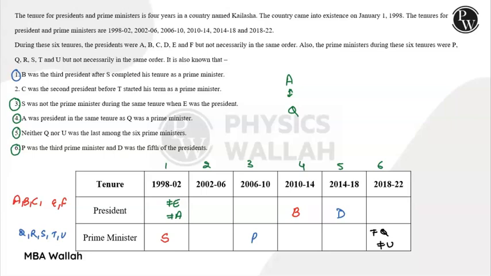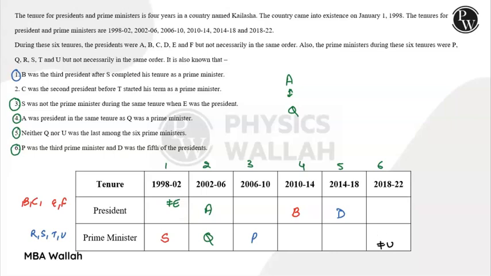This is possible as we need two rows in the same column to be empty together, which is possible in the second tenure and sixth tenure. But in the sixth tenure, Q cannot be the prime minister. So the only possibility left is A being the second president and Q being the second prime minister. So now we will eliminate all the information with respect to A and Q because we are already done with that.